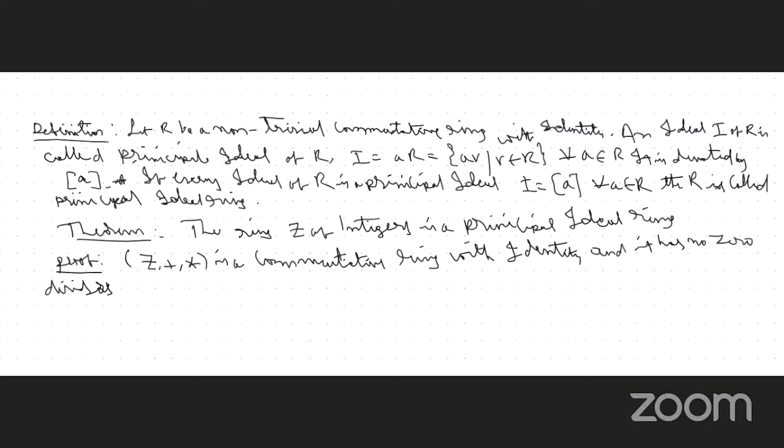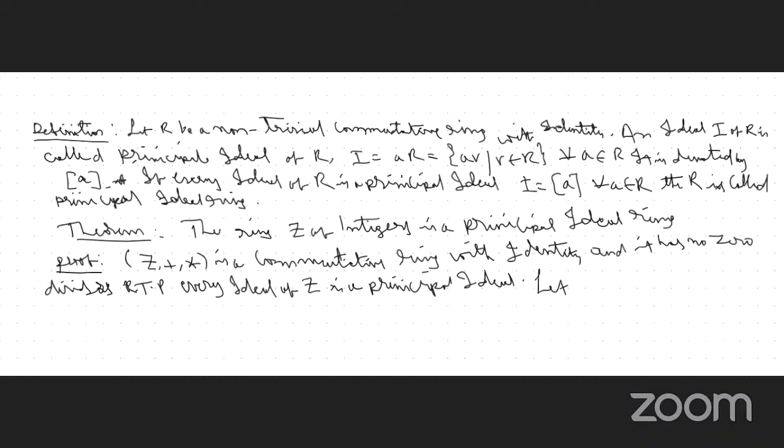To prove that every ideal of Z is a principal ideal. RTP means required to prove: every ideal of Z is a principal ideal.